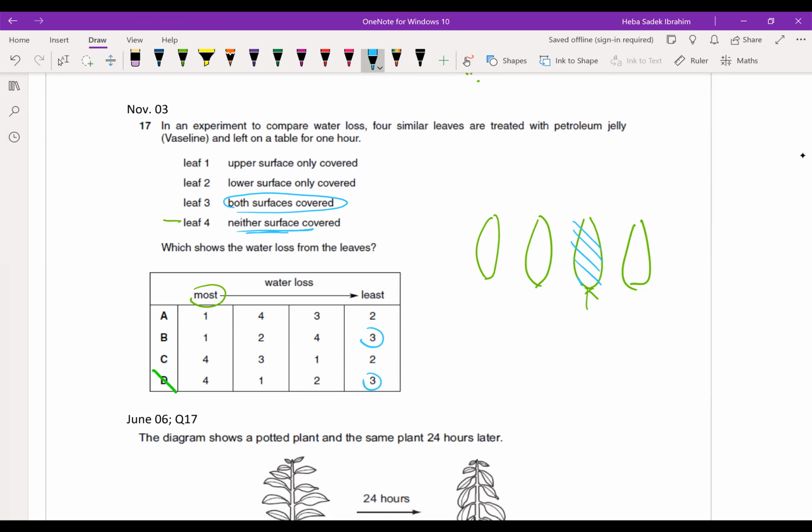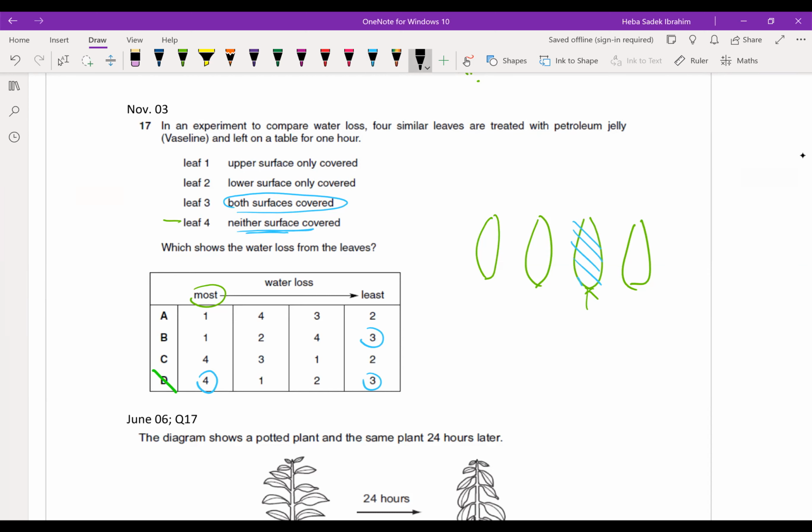Let's see what's happening in between. I have least is 3 and the most is 4, so automatically, Omar, my answer is 4. Let's check. When the upper surface only is covered, I'm going to have more water loss than when the lower surface only is covered. Why? Because of the distribution of the stomata.